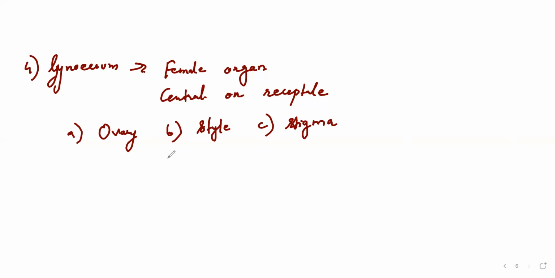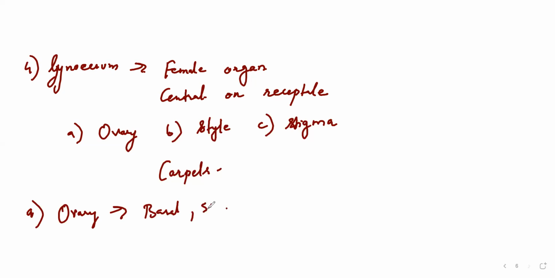I told you that the male part was stamen. Here these things are called carpels. So what are the ovary, style, and stigma? The ovary is a basal swollen part in which the ovule is going to be developed.